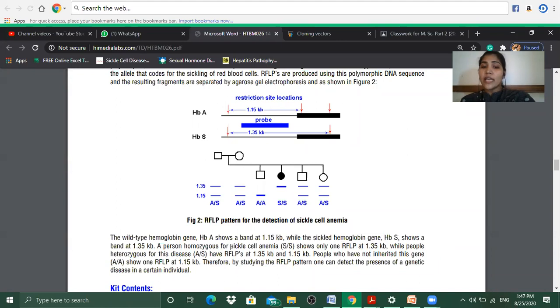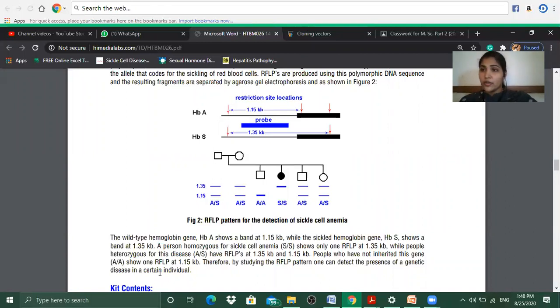So a person homozygous for sickle cell anemia, that is SS, shows only one RFLP, restriction fragment length polymorphism, at 1.35 kilobase pairs, while people who are heterozygous for this disease, AS, have RFLPs at 1.35 and 1.15 kilobase pairs. So people who do not inherit this gene, that is AA, show an RFLP having the band only at 1.15 kilobase pairs. Therefore, by studying the RFLP pattern, one can detect the presence of a genetic disease in a certain individual, right?